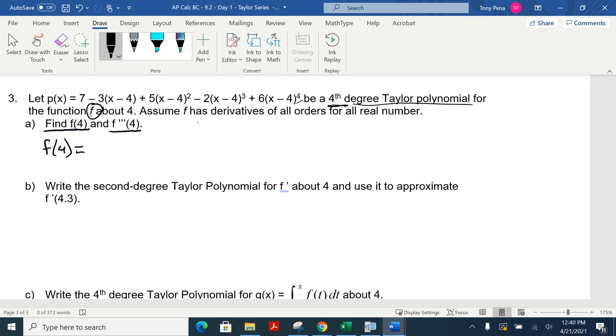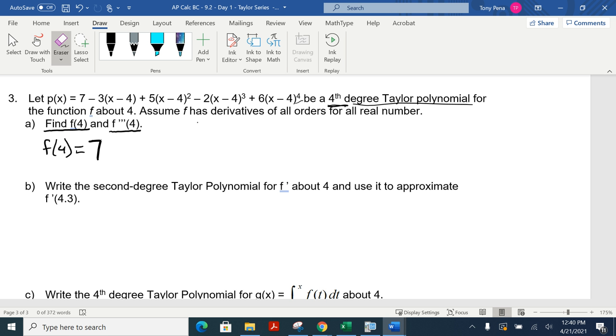Isn't this your functional value right there? That first term should be your functional value. So f of 4 is 7. We all got a free point right there. We're well on our way.